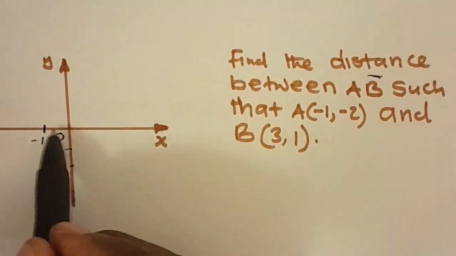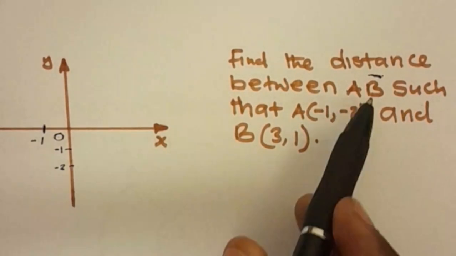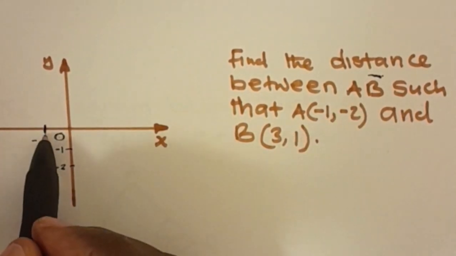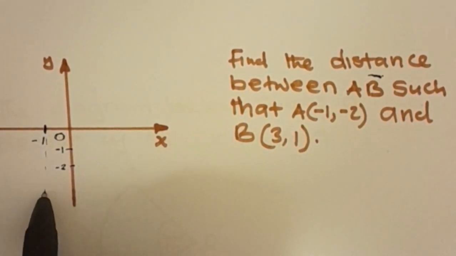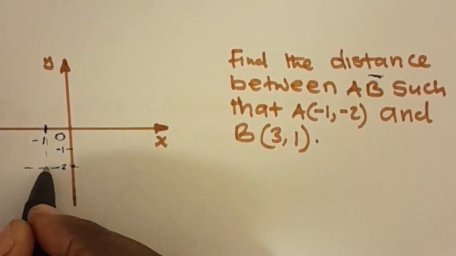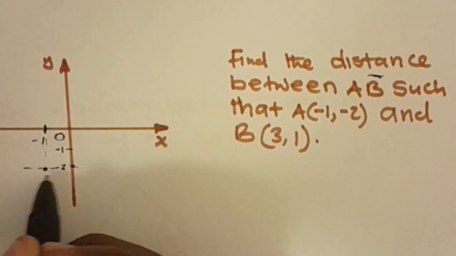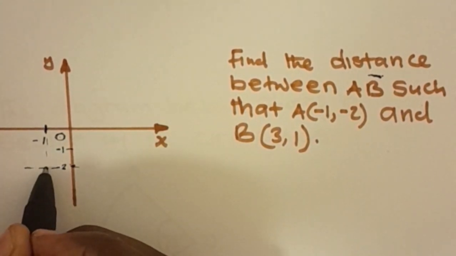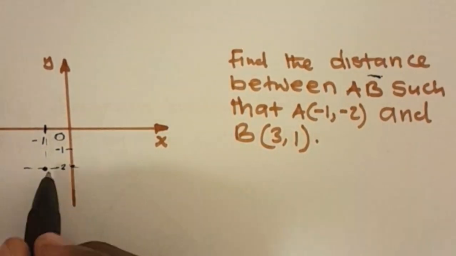So now, how we are going to locate this point A, we are going to do this. So here where the x and the y are intersecting, that's where point A is, just here.